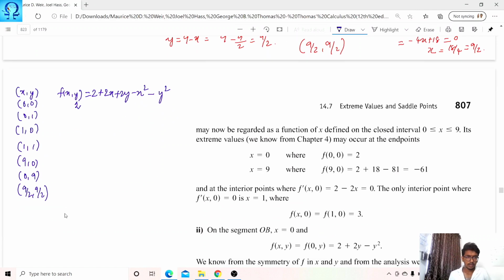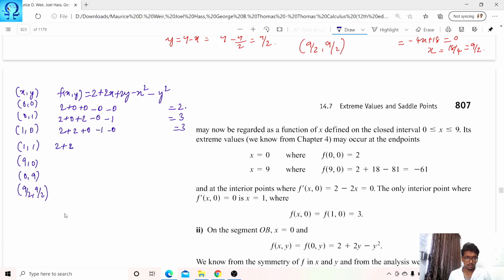So here we are going to get 2. It is actually 2 plus 0 plus 0 minus 0 minus 0, which is 2. Here we'll get 2 plus 0 plus 2 minus 0 minus 1. So it is going to be 3. And here 2 plus 2 plus 0 minus 1 minus 0, which is again 3.